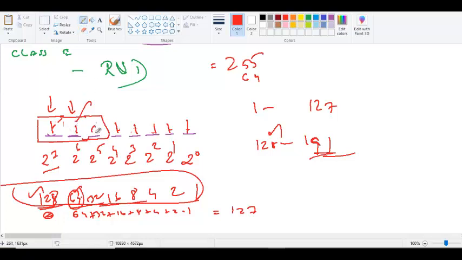So the minimum, if you take these two on, that's the minimum. It is 128 plus 64, which is 192, because only these two bits are on. 128 plus 64 is 192. That's the minimum. What's the maximum? Turn on these bits other than the constant bits.